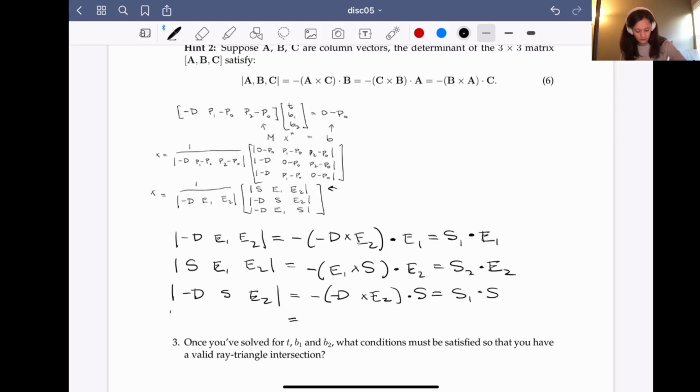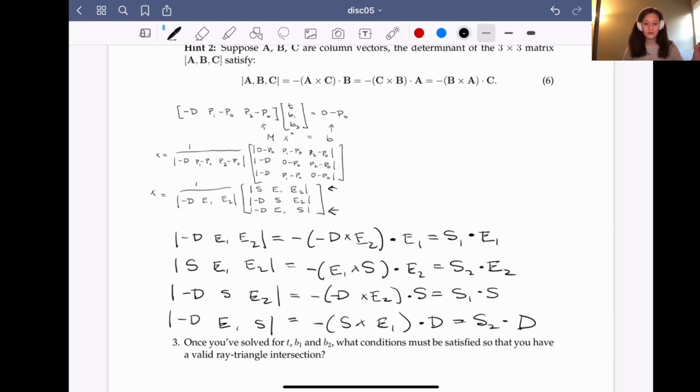And then the last one, the last row of this matrix is this. And then this simplifies to s2 dot d.